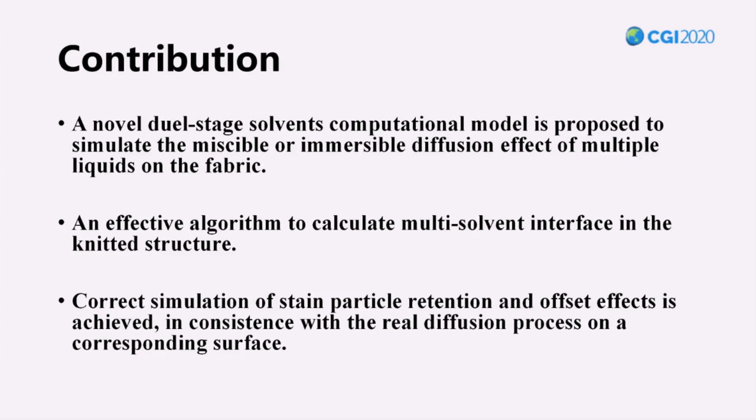First, a novel dual-stage solvents computational model is proposed to simulate the miscible or immiscible diffusion effect of multiple liquids on the fabric. Second, an effective algorithm to calculate multi-solvent interface in the knitted structure.